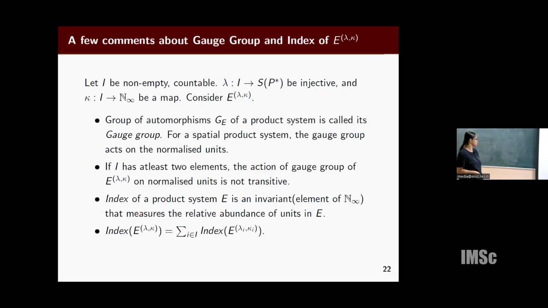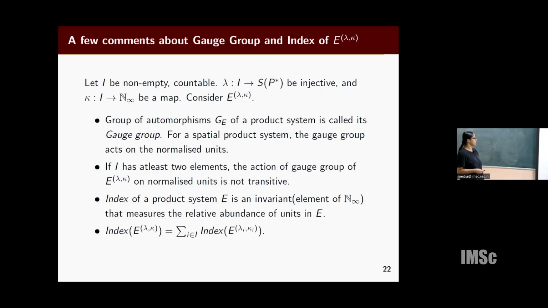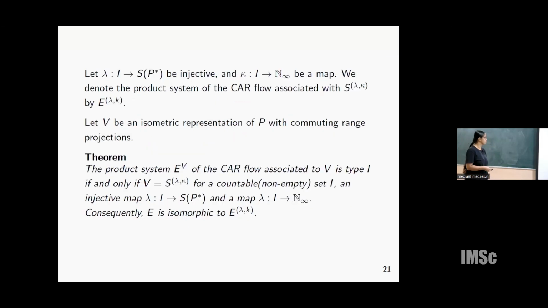It is the sum of the indices of E lambda_i K_i, which are associated to S lambda_i K_i. Also, the gauge group of a CAR flow is its group of automorphisms. Because of this conclusion, we can also make a comment on the gauge group. It's the group of automorphisms of the product system, but I won't elaborate on this. I will stop with this conclusion.